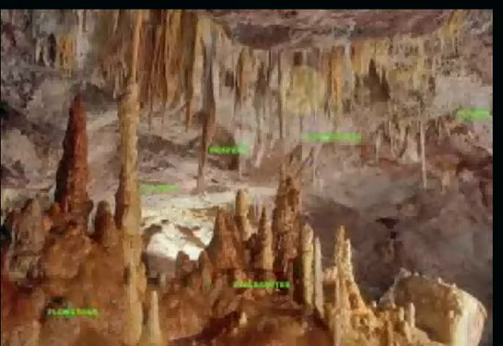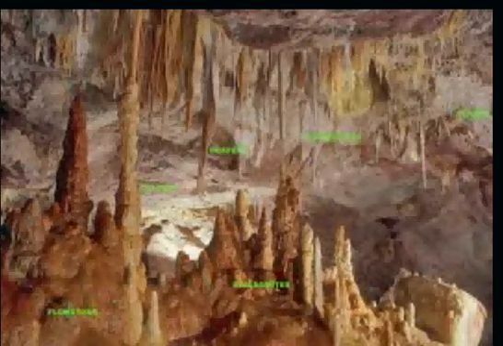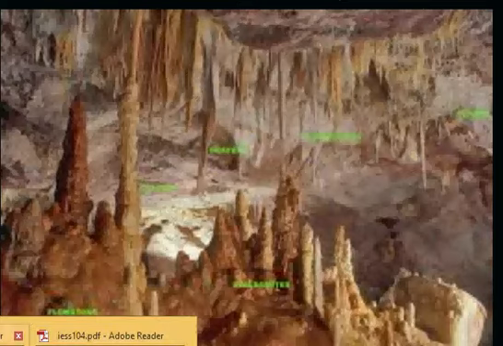So these caves are formed because of mineral deposit because of the high precipitation in this Mawsynram area.